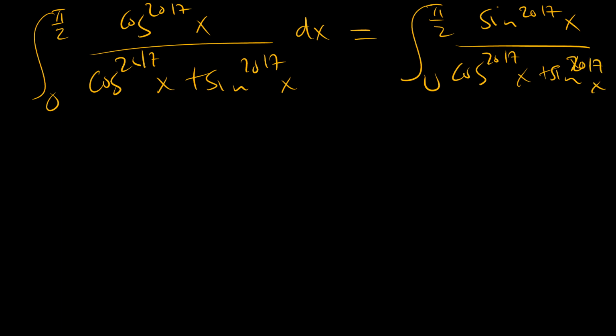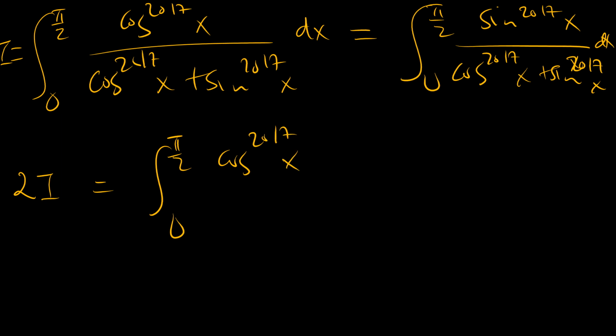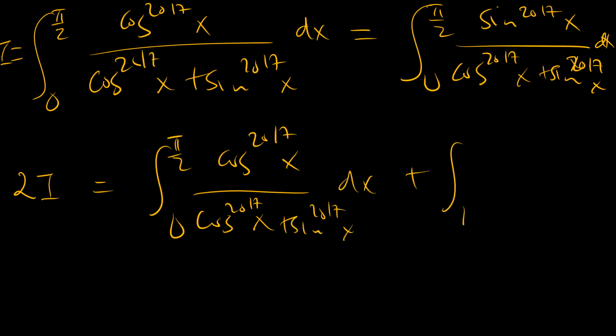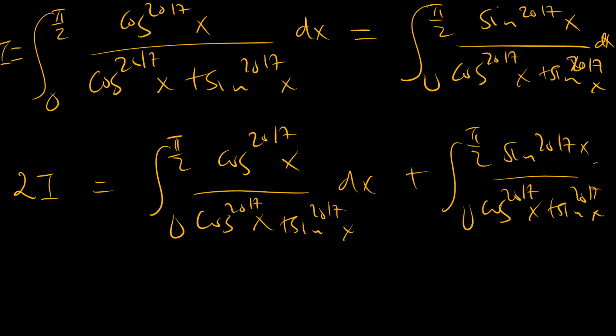And so if we equate this to I, and we say 2I is equal to the sum, we see that the numerators add up because the denominators are the same.